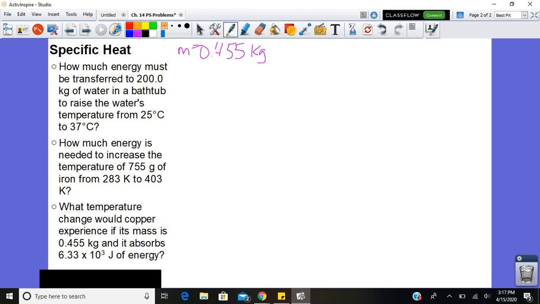That one, we're back to kilograms, so we don't have to do any conversions in this problem. Okay, it absorbs 6.33 times 10 to the third joules of energy. So my energy equals 6.33 times 10 to the third joules.